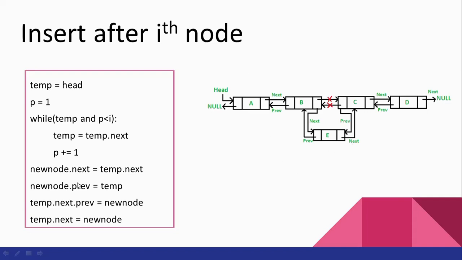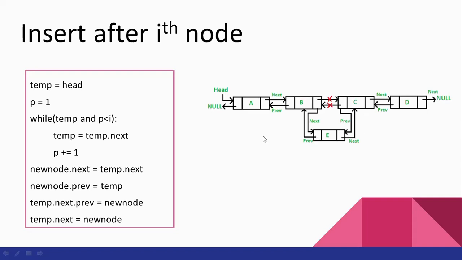Okay, so that is what is given in this code. We are traversing the list, identifying the previous node of the position where we are going to insert a new node. Then that new node's next should point to the current node, that means the temp node's next.